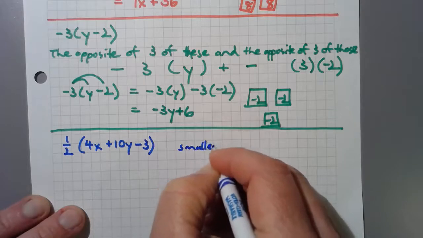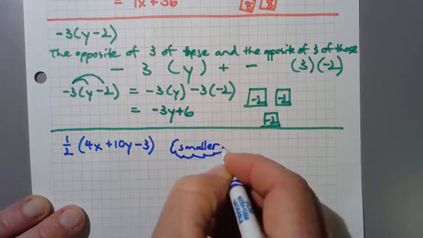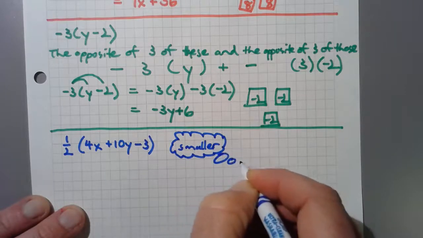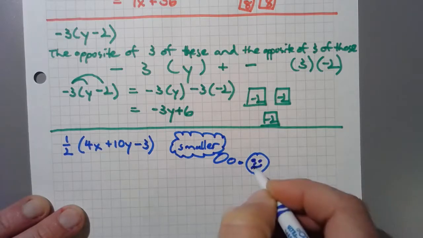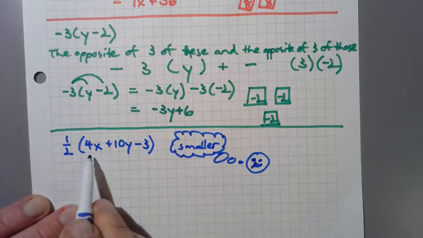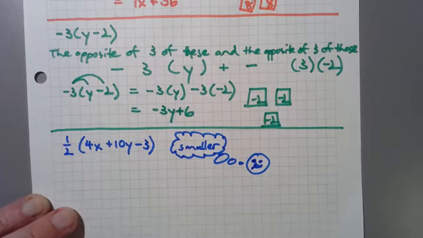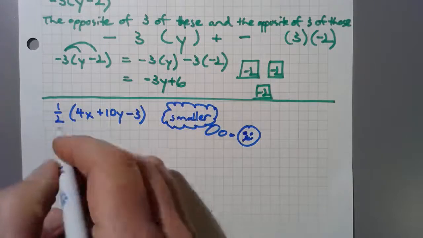So picture that your answer is going to be smaller than 4x plus 10y minus 3. It's going to be half of each one of those things. Easy, right? Here we go.